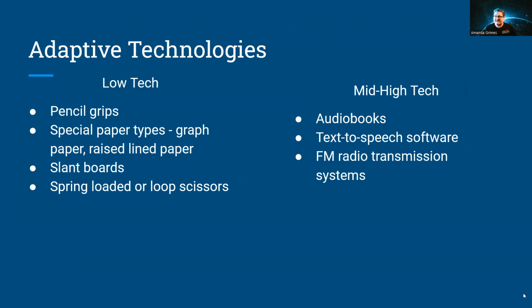Adaptive technologies include some low-tech things like pencil grips to help with that fine muscle control of using pencils and gripping. Special paper types like graph paper or raised line paper for help in writing.